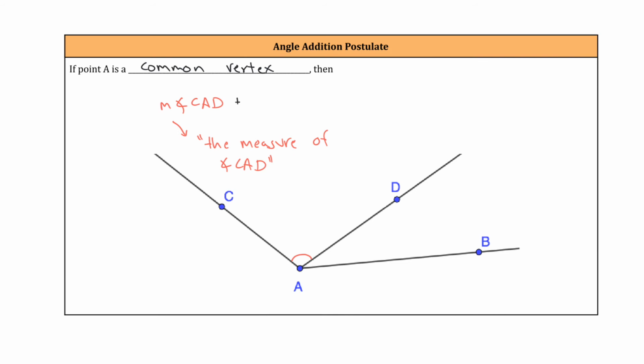And I'm going to add it together with the other part of the angle, the measure of angle DAB. And then together, this should equal my larger or whole angle, which is the measure of angle CAB.